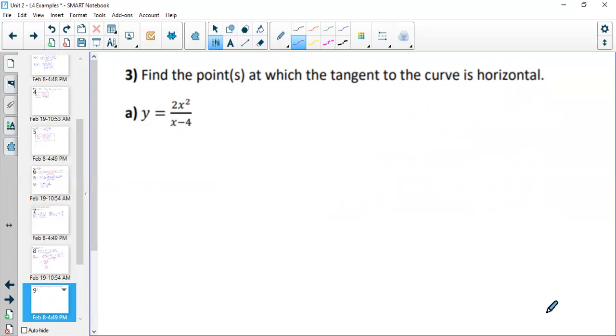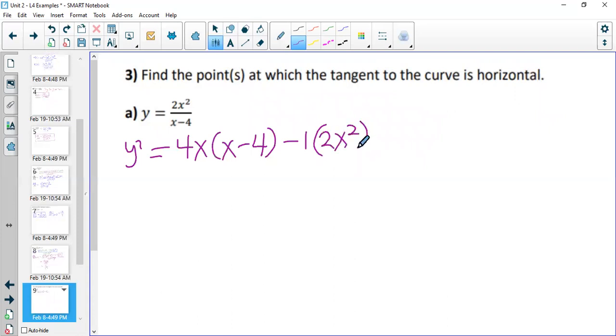So I have y prime is equal to the derivative of the top, 4x, times my original bottom function, x minus 4, minus 1, that's the derivative of the bottom, times my original top function, all over the bottom function squared.